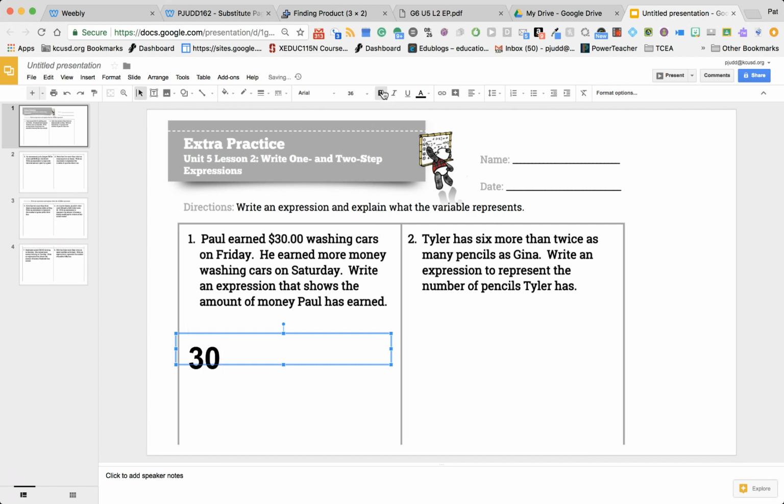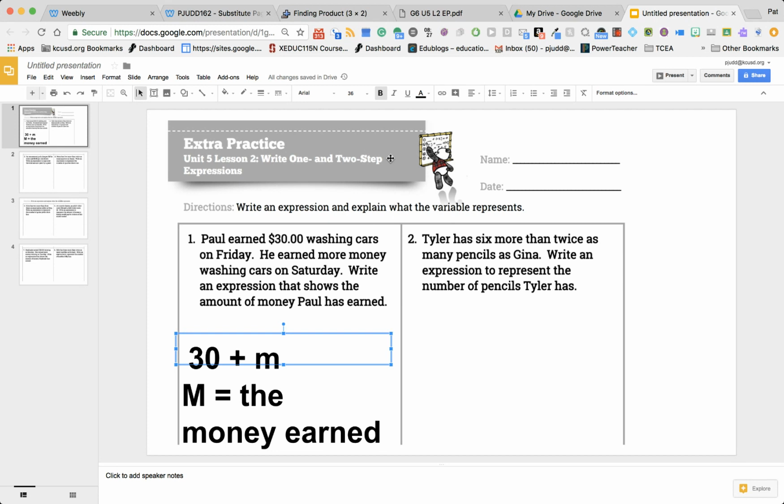We know he had $30 and then he earned more money. He earned, that's going to be an addition to what he has, and he earned more money. So I have 30 plus M, and M represents, I'm going to put equals, represents the money earned.